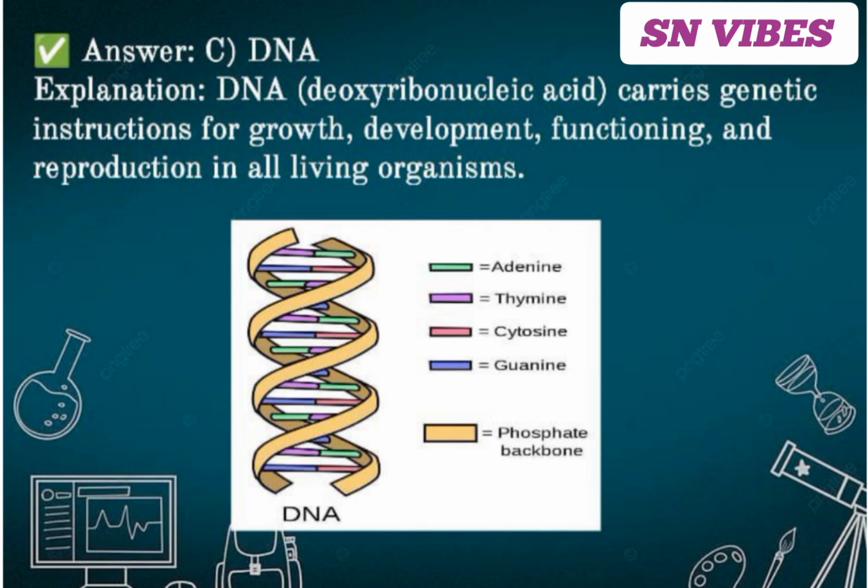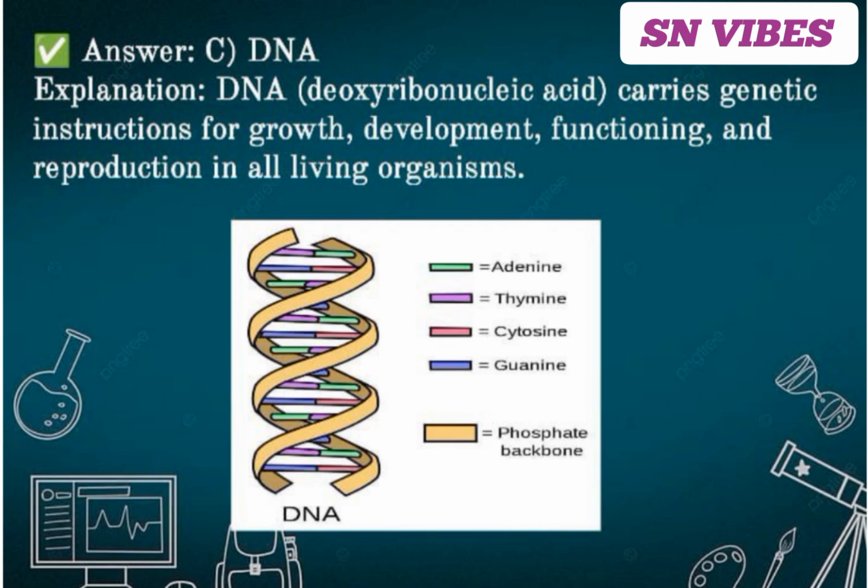Here the DNA consists of a sugar and some molecules like adenine, thymine, cytosine, and guanine. And here one more question arises: which part is the backbone of the DNA? The answer is phosphate is the backbone of the DNA.